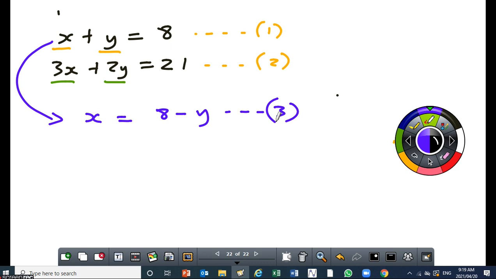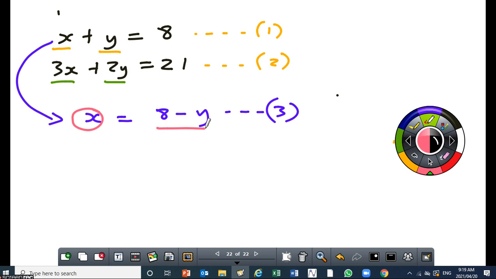Okay? Then, when you get to this point now, the next step is to substitute equation 3 into equation 2. What I mean by that is, where there is x, you see this x here, right? The right-hand side is equal to 8 minus y.